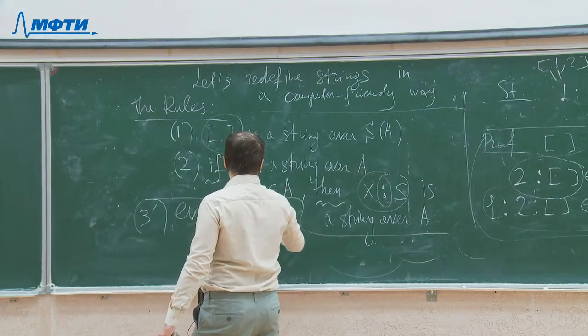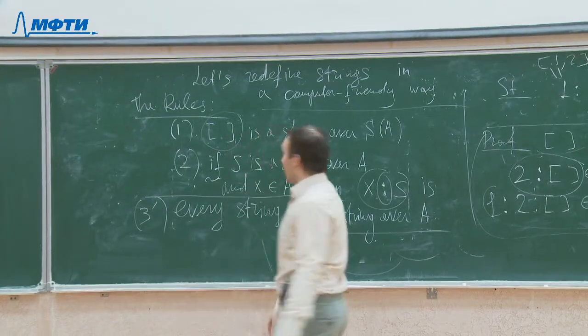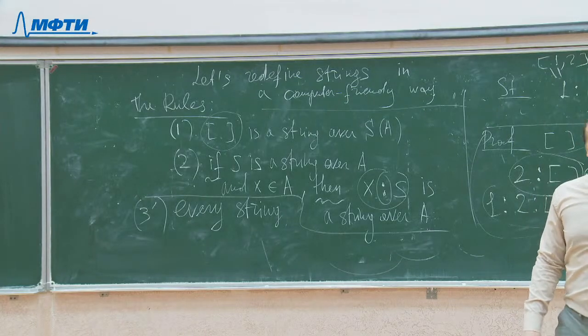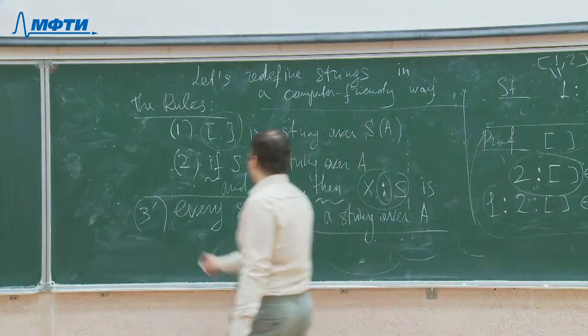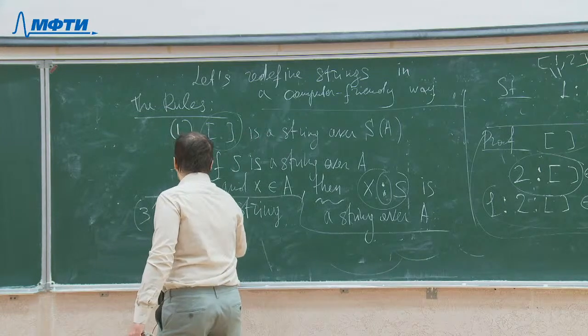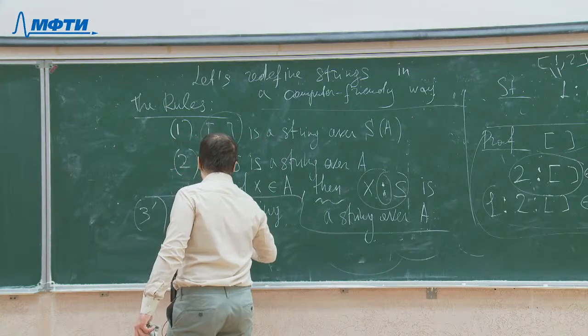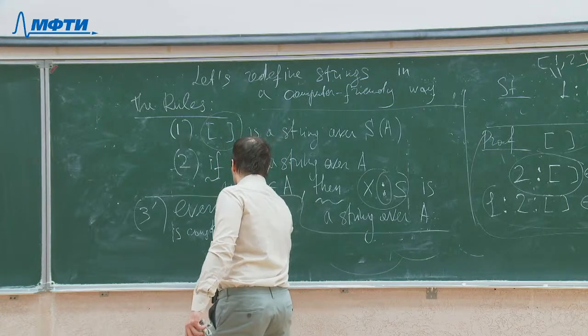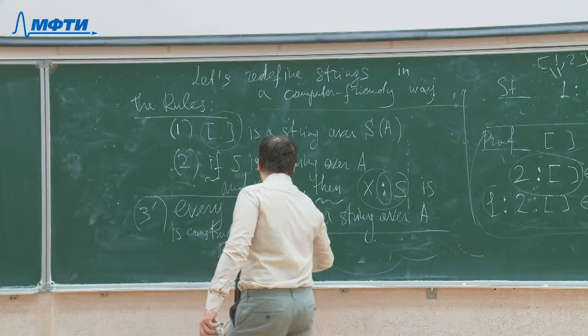Our treatment is still informal, so it's okay to have such a not very clear rule. Every string is constructed via rules 1 and 2.